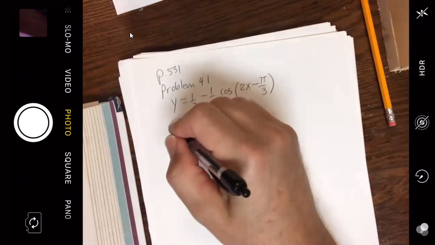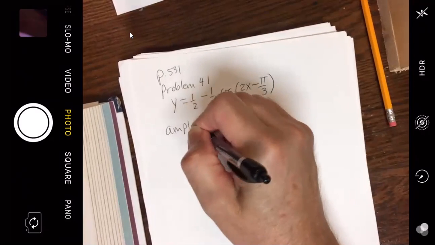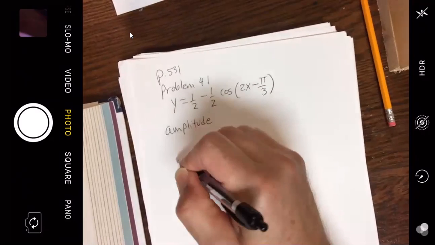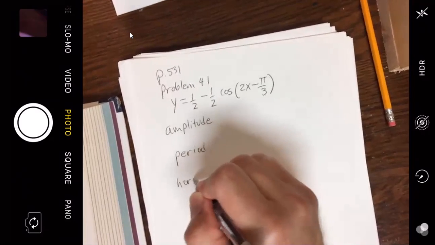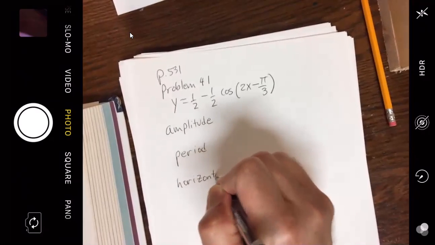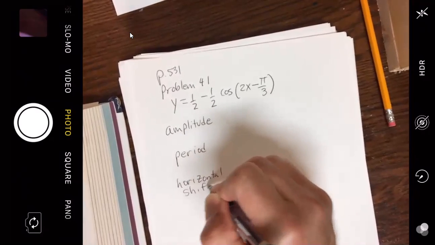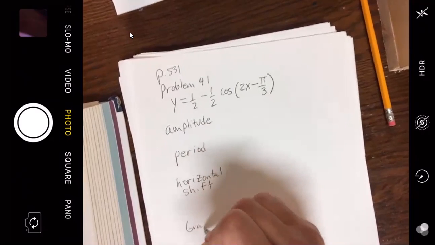All right, fill in the worksheet: amplitude, period, horizontal shift, and graph.